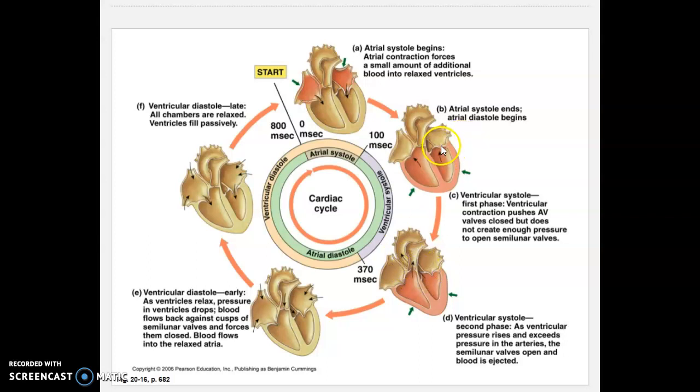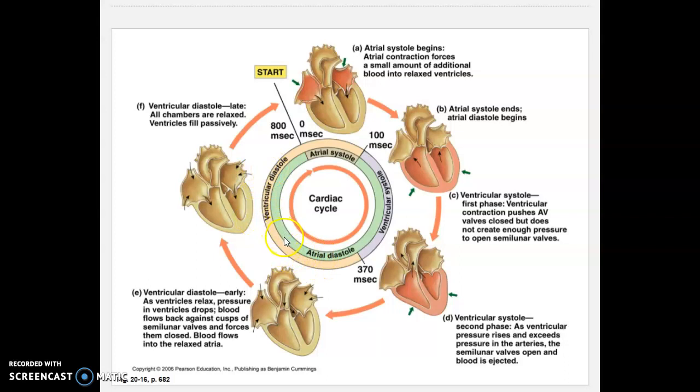Notice that semilunar valve is closed here, it's closed here. But as I squeeze the blood, the pressure of the blood opens up those semilunar valves, and now I can actually eject blood from the ventricles, either into the aorta or into the pulmonary trunk. Okay, now, after we squeeze the blood, after ventricular systole is over with, then ventricular diastole or relaxation can occur.